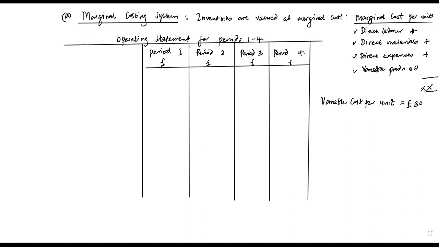So that is our marginal cost per unit. It's what we are going to use under this method. What else can we look at?